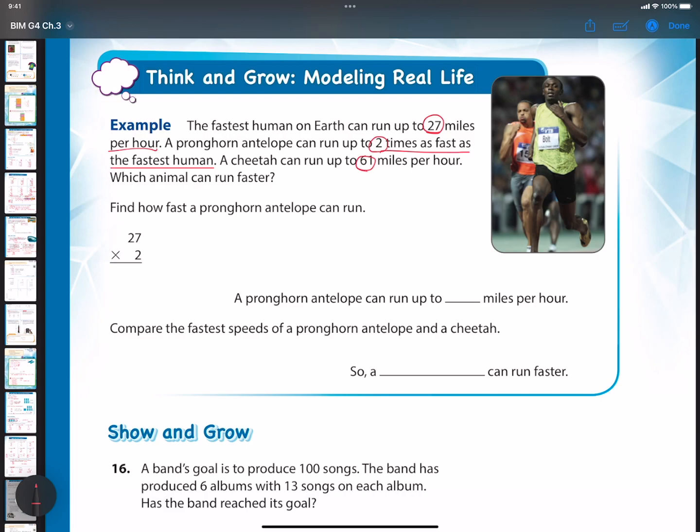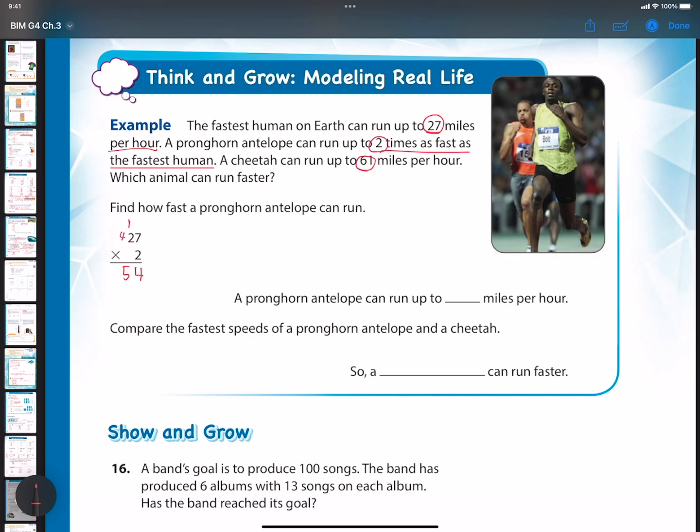Okay, now find how fast a pronghorn antelope can run. Since they can run 2 times as fast as the fastest human, which is what? 27 miles per hour. So now let's find out how fast they can run. 7 times 2 is what? 14. Carry 1 up. 2 times 2 is 4. 4 plus 1 is 5.